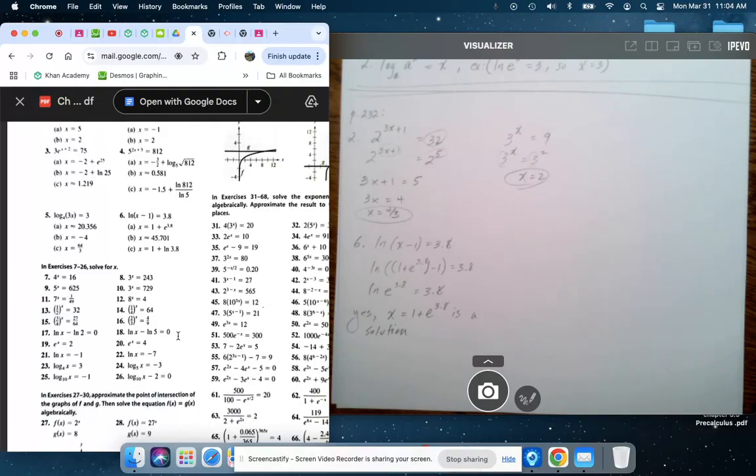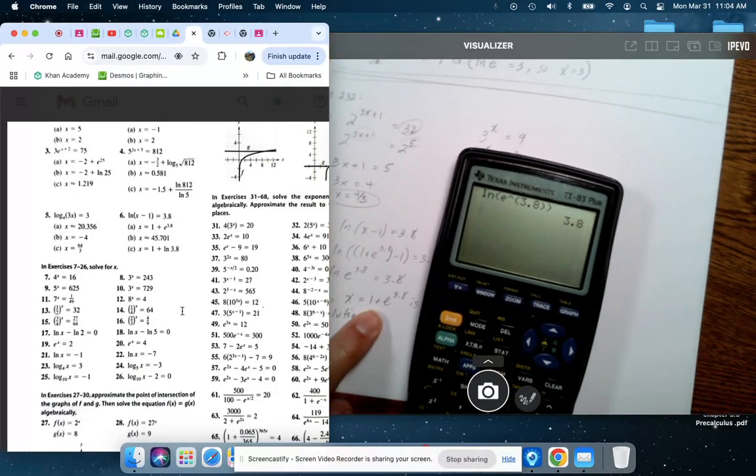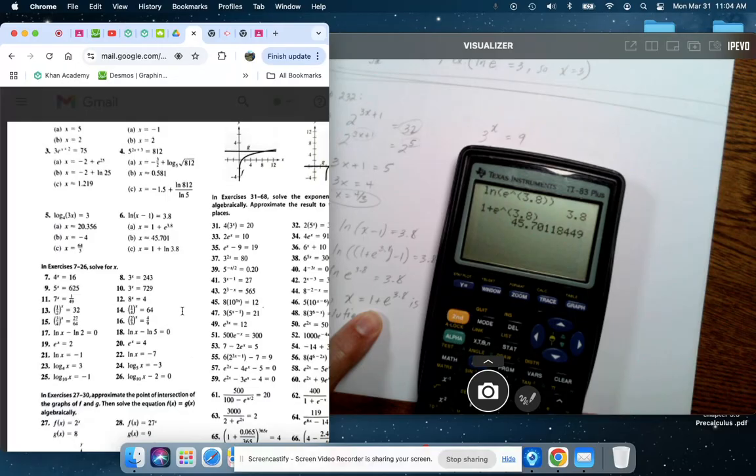All right, and then what about 45.701? Well, let's see. I bet that's probably what this is equal to. What is 1 plus e raised to the 3.8? It is 45.701, so obviously the answer to that's going to be yes as well, right?